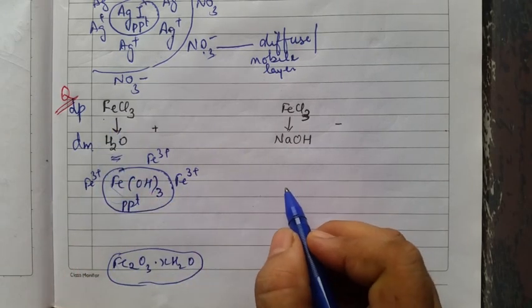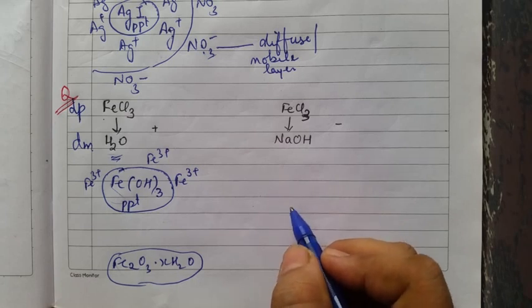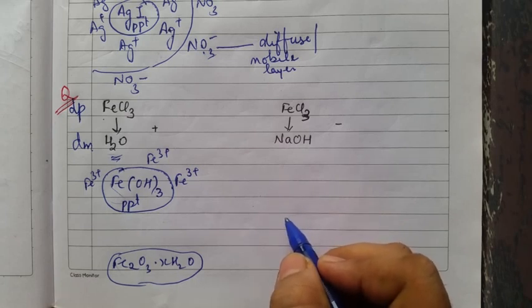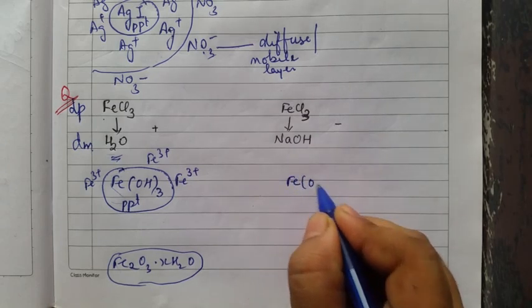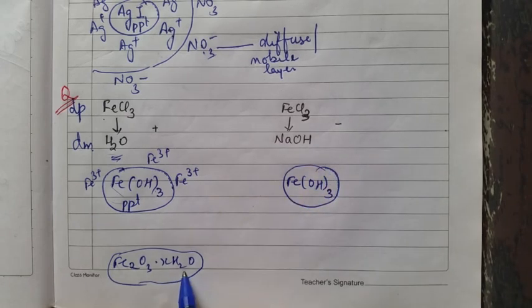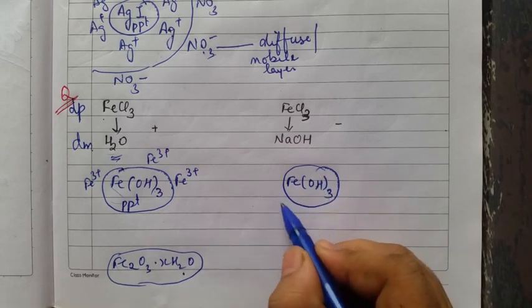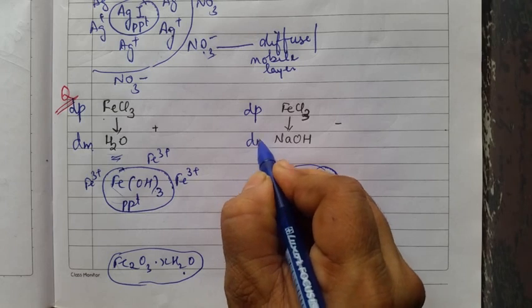If the medium ionizes completely and you have some common ion between the precipitate and the medium, that will be adsorbed onto it. Now, what is the precipitate here? Ferric hydroxide, or you can also write Fe2O3.xH2O. This is our phase, this is our medium.